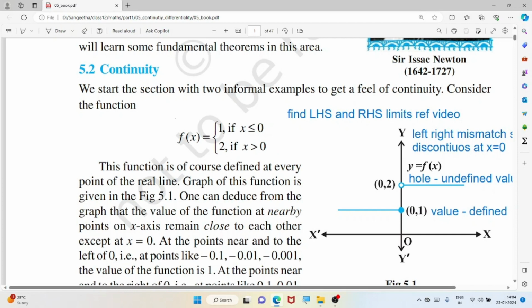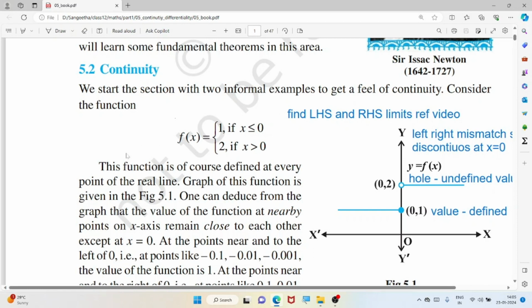The left side covers 0 also, but on the right-hand side, x greater than 0 is 2, so there is a hole here, an undefined value at x equal to 0 on the right side. Now, let's see how to find the LHS and RHS limits.